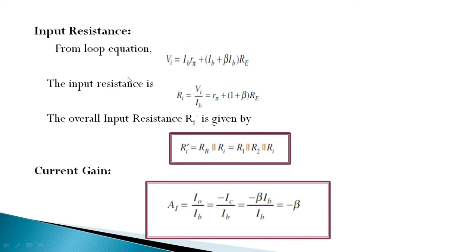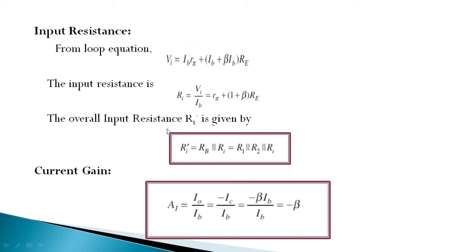I can write the loop equation as Vi is equal to IB into R pi plus IE into Re, where IE can be written as IB plus IC, and IC can be written as beta into IB. So from this equation, we can write Ri is equal to Vi divided by IB. Bringing IB to the denominator, it will be equal to R pi plus (1 plus beta) into Re.